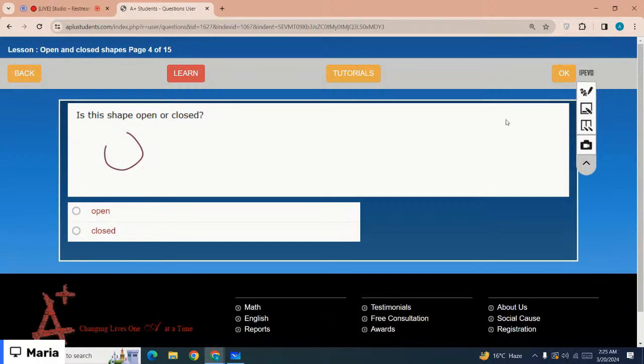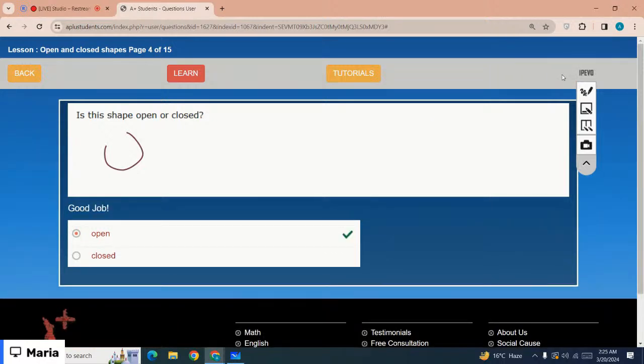Is this shape open or closed? The correct option is open.